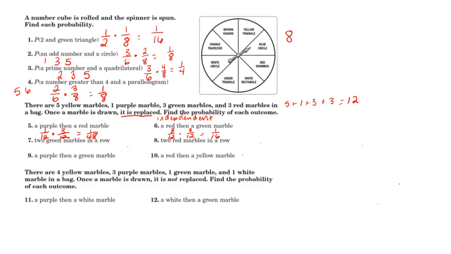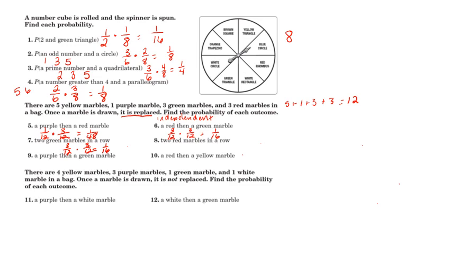There's 3. And I'm replacing it, so again, there's 3. Okay, so took out a green, put it back. So now there's still 3 green. Again, that's why it's independent. And I get 1 out of 16. I'm going to have you do those other 3 for classwork.